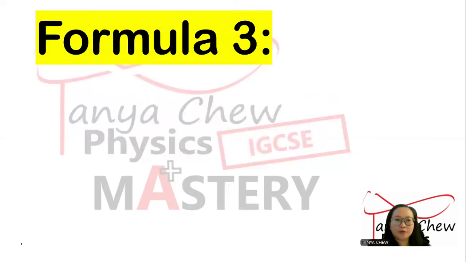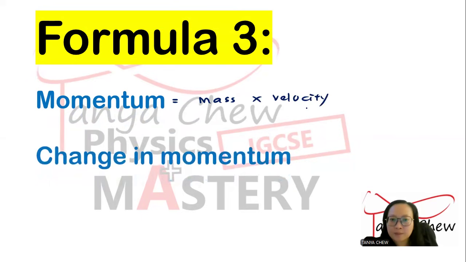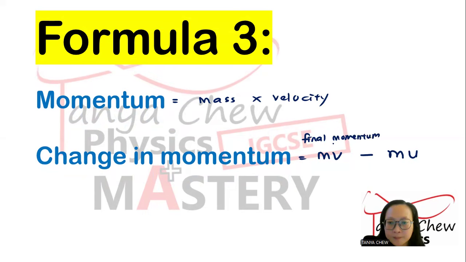The next one, Formula 3, is momentum. Momentum can be calculated by mass multiplied by velocity. Change in momentum is final momentum minus initial momentum. mv is called final momentum, because m is mass and v is related to final velocity. mu is called initial momentum, because u is related to initial velocity.